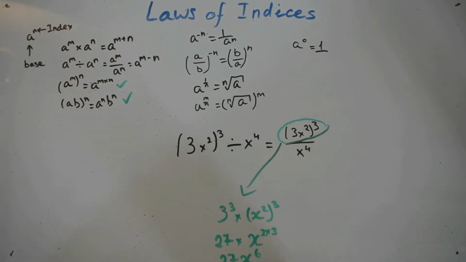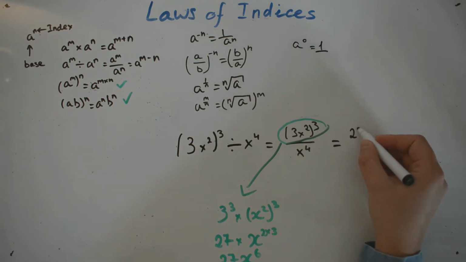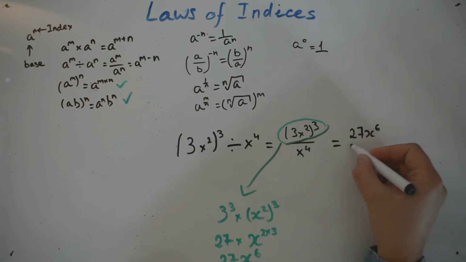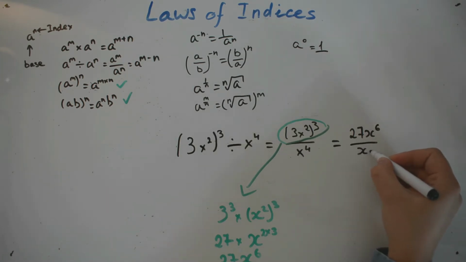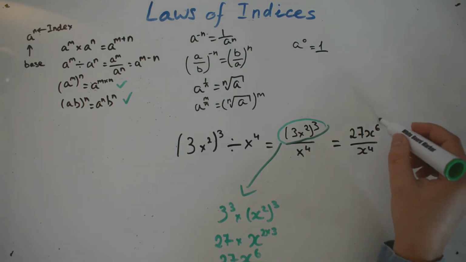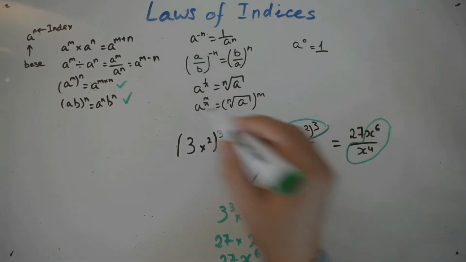And I'm just going to write that in our numerator. So it's 27x to the power of 6 divided by x to the power of 4. Okay, and now to simplify it, we will just look at our x. So we're going to use rule number 2.